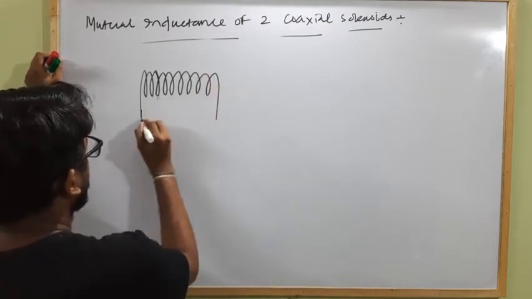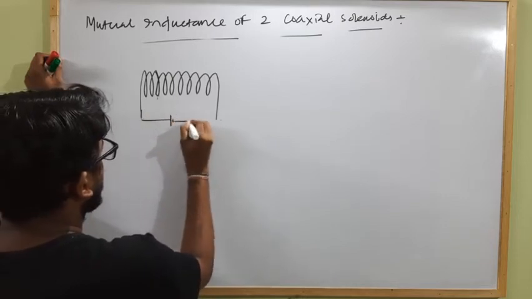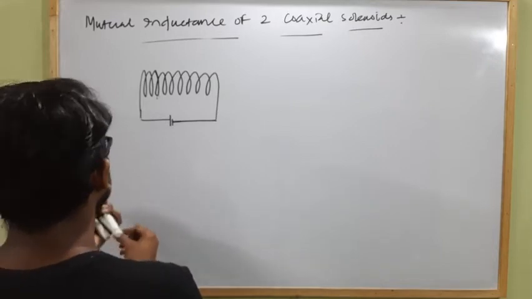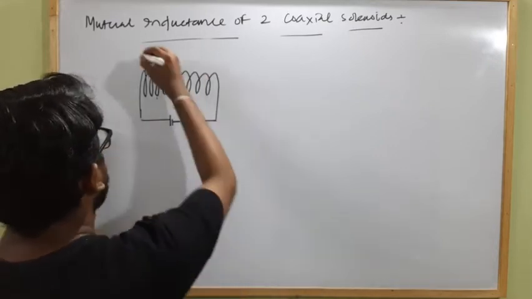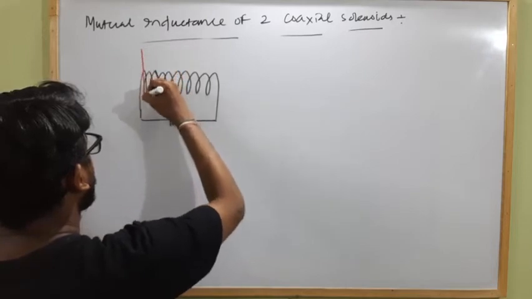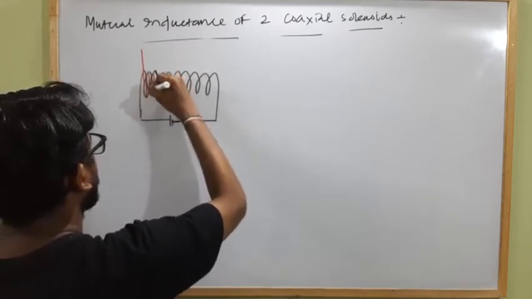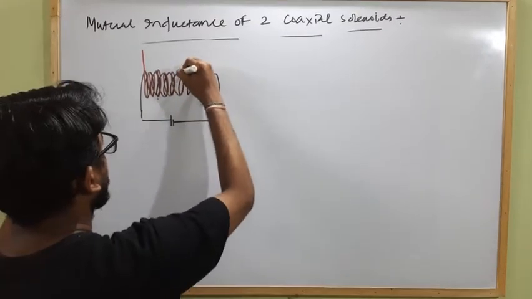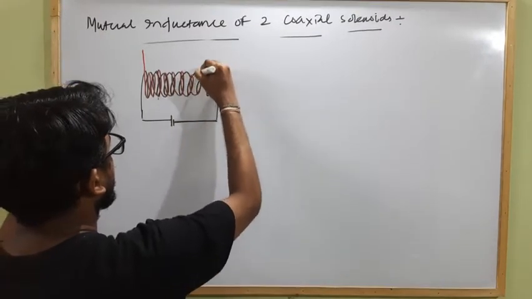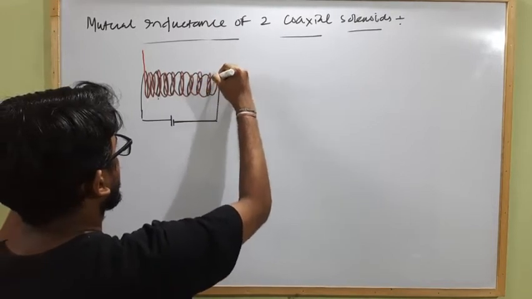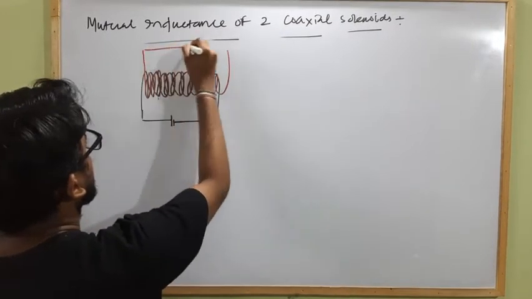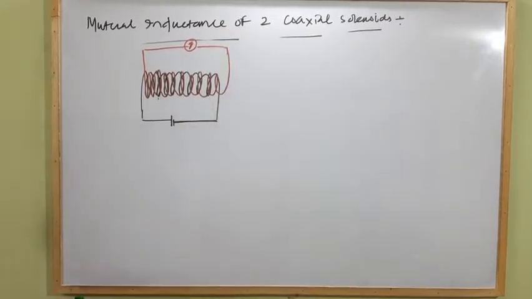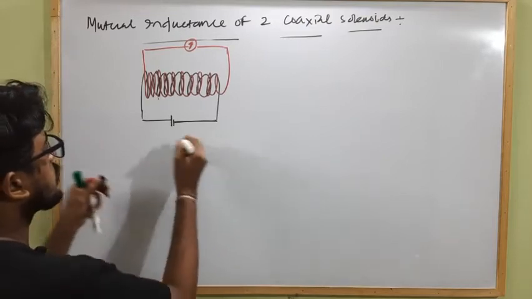This is the primary coil, which is connected with a source. And here is another solenoid, connected with a galvanometer. Okay, these are two coaxial solenoids.